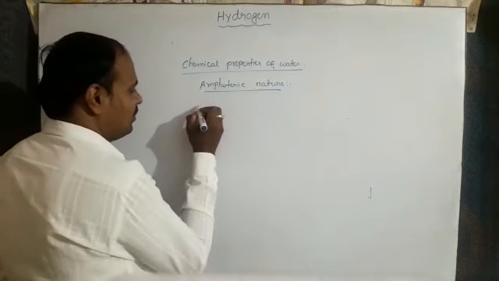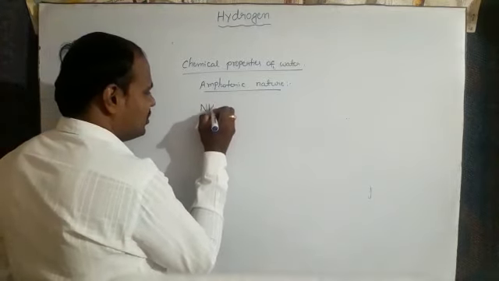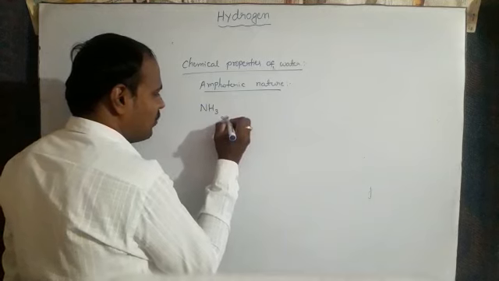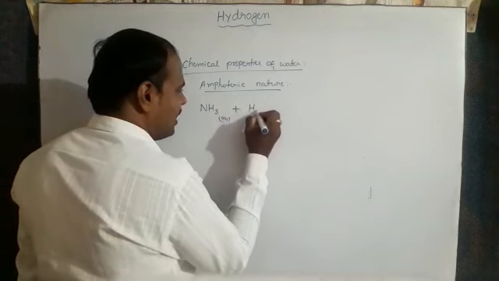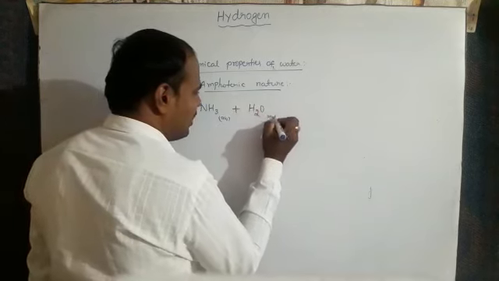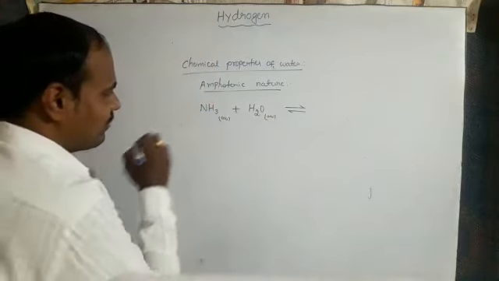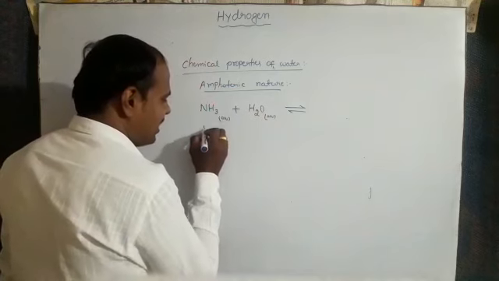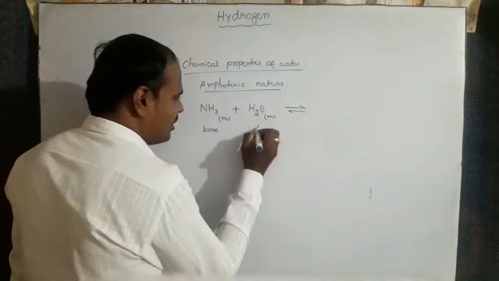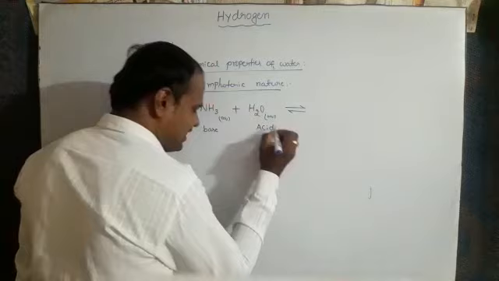For example, here NH3 aqueous treated with H2O aqueous gives rise to NH4 plus and OH minus. In this chemical reaction, NH3 acts as a base, and the water molecule acts as an acid.